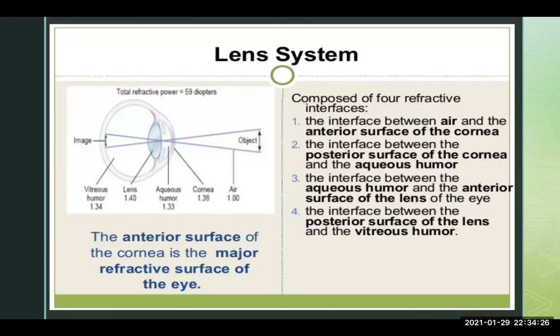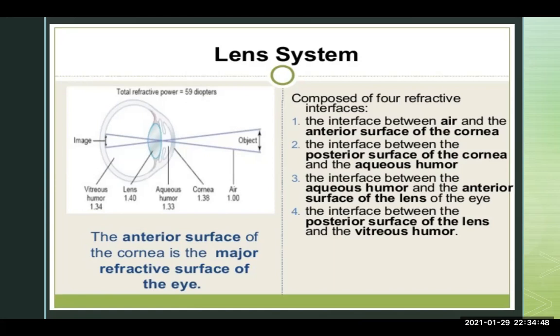Before going to the types of error refraction, we have to show first the lens system, or actually the refractive system of the eye. You have to know that the eye has many surfaces which are responsible for the refraction of the eye and formation of the image.